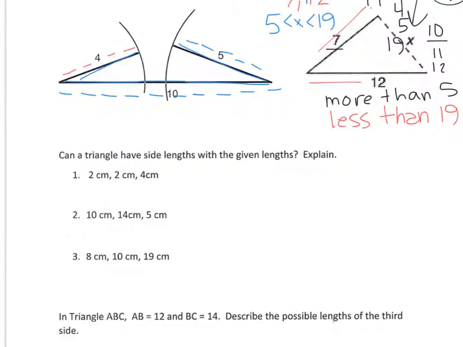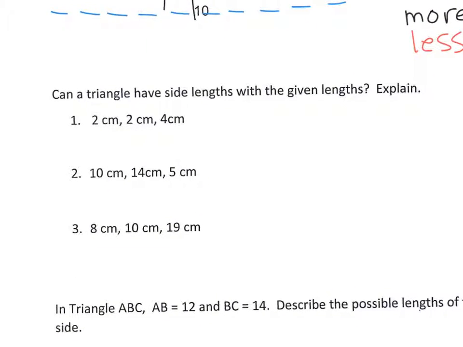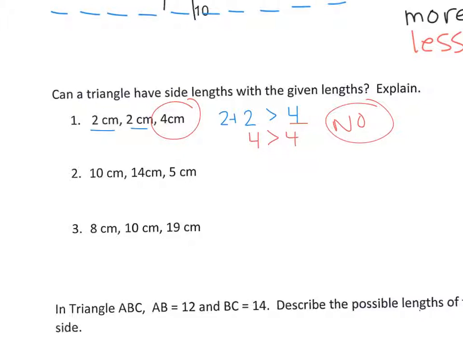Now these down here. Can the triangle have the given side lengths? You look for the two shortest side lengths, add them, and they need to be greater than the third side. 2, 2, 4. Is 2 plus 2 greater than 4? Is 4 greater than 4? Nope. And that's how I show my work.